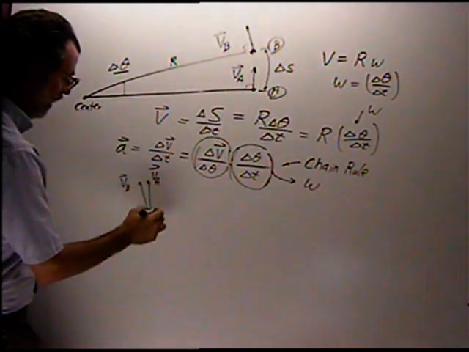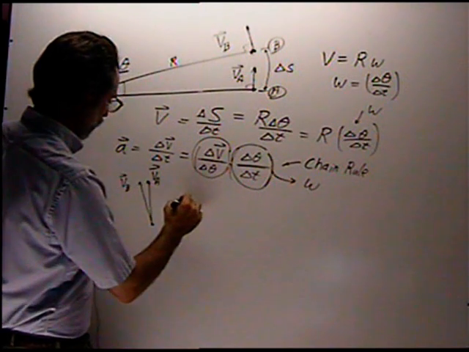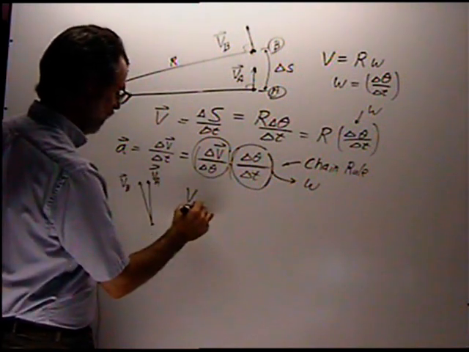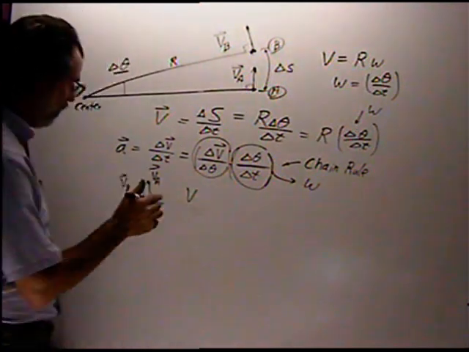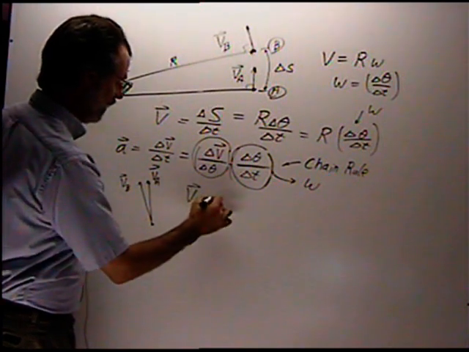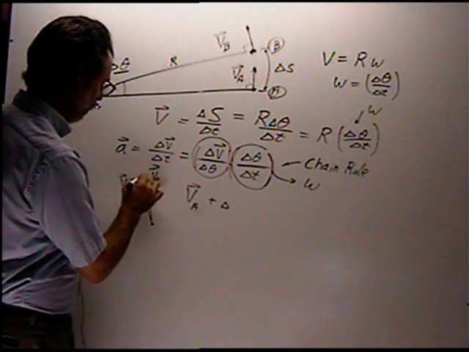From a vector point of view, I can take the A vector and add to it this little vector right here.